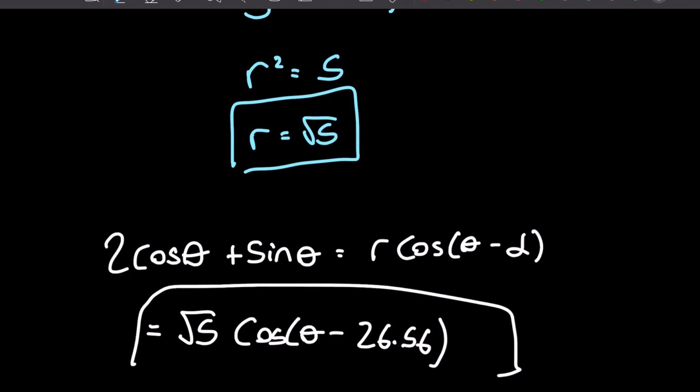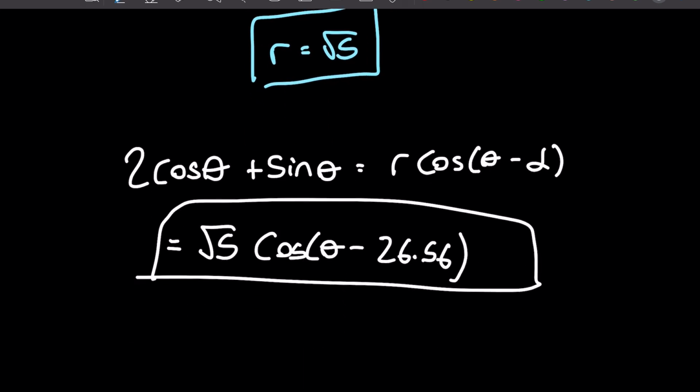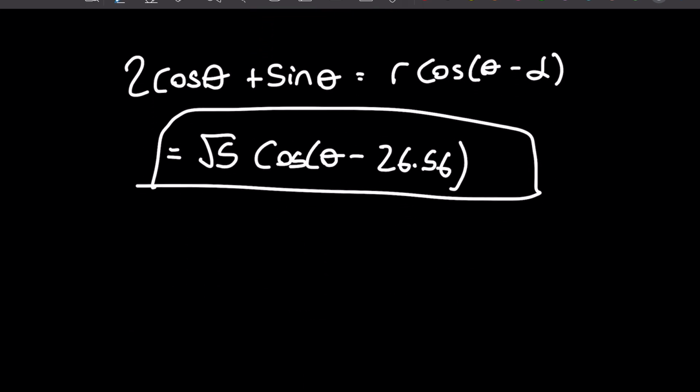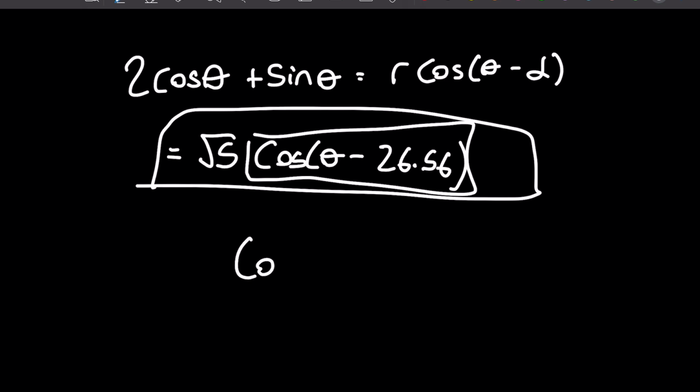And that's great. Now, what we're going to want to do now is find out how we could find the maximum value of this. So if they asked us to find the maximum value of 2 cos theta plus sine theta, well, how could we do that? Well, remember what I said before, that the maximum value of cos theta is going to be equal to positive 1. So we know cos theta at max value is equal to 1.